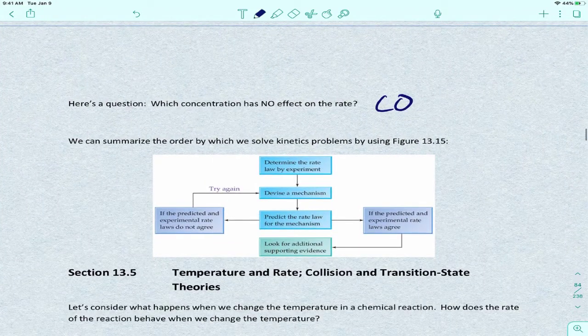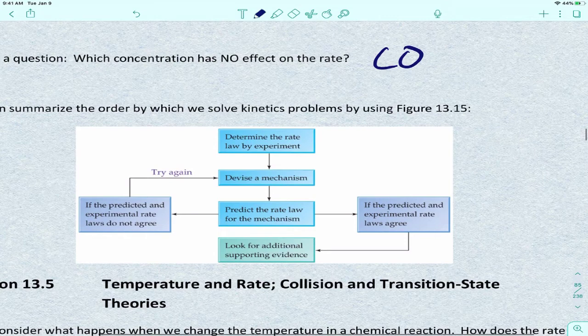And so to summarize kind of how we deal with kinetics, the way that we deal with kinetics problems is using this flow chart right here. What we try to do is determine the rate law by experiment. Once we've got that, we then try to come up with a mechanism for the reaction. And then we try to predict the overall rate law for the mechanism.